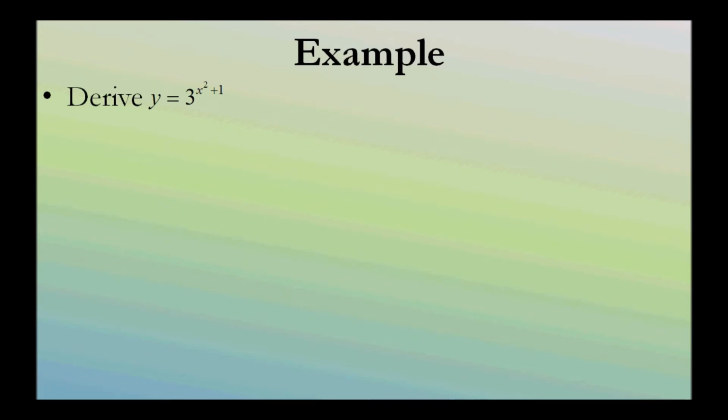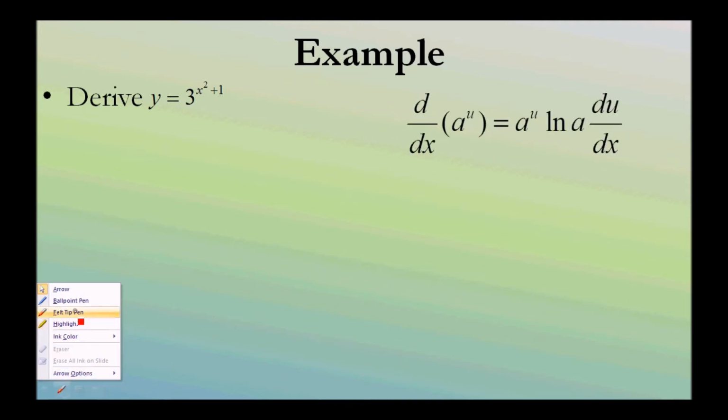Differentiate y equals 3 to the power x squared plus 1. So using our rule here, y equals 3 to the quantity x squared plus 1.